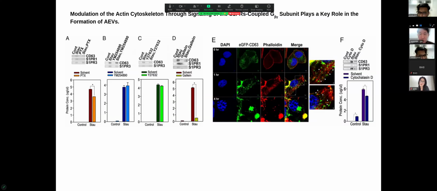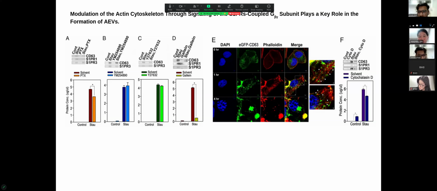Why in the next experiment did we search about G protein, the role of G protein in exosome biogenesis? Why? The sphingosine 1-phosphate receptors are G protein coupled receptors. You need to explain about that. Without any explanation, no one understands this. Okay?